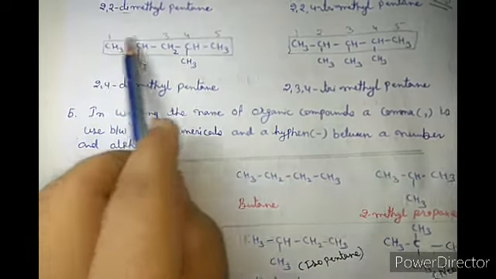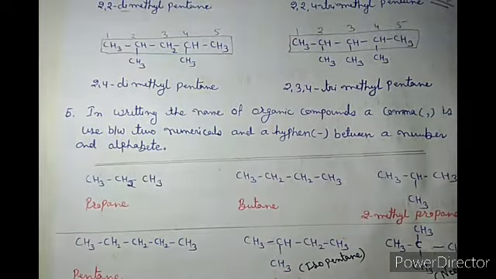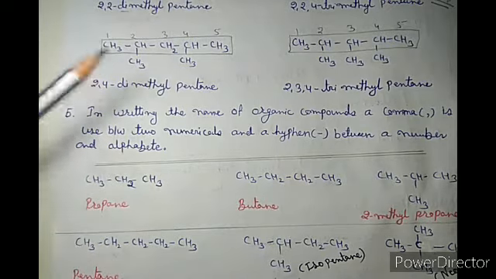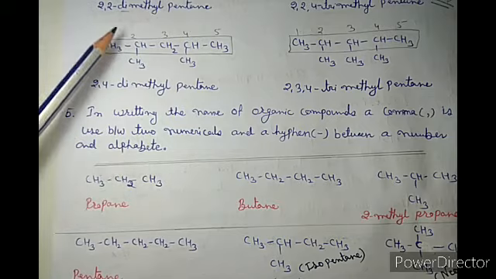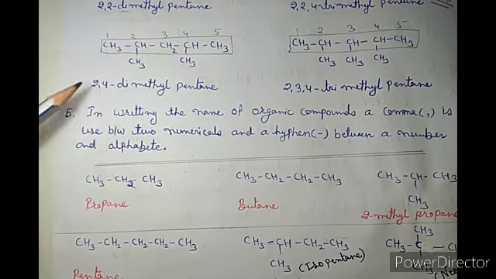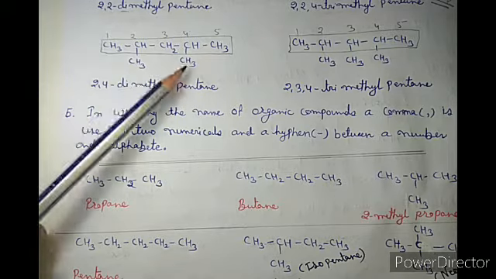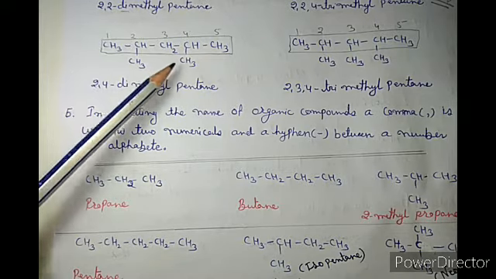Now here there is a main chain in which two CH3 groups are attached at the second and fourth. Since there are 2 methyls, that is dimethyl, attached at the second and fourth, so it becomes 2,4-dimethyl. The main chain is 5, that is pentane.